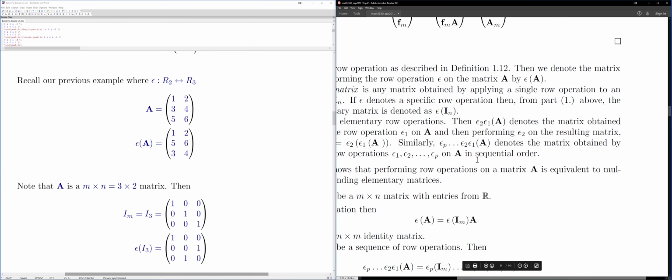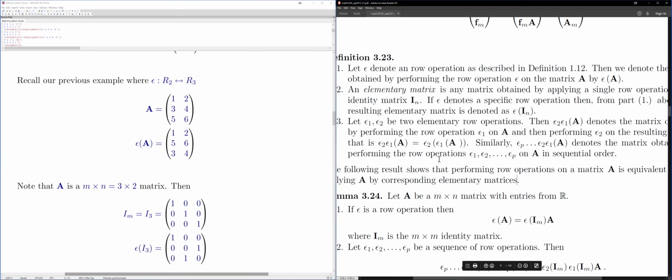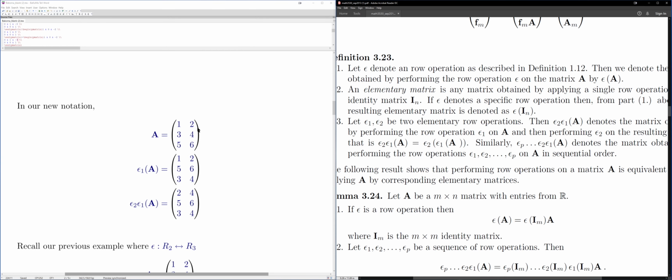This matrix over here is the matrix that you get when you apply row operations epsilon 1, epsilon 2 up to epsilon p on your original matrix A in sequential order. And what I have over here is a case when the small p is equal to 2. I have A and then I apply epsilon 1, then apply epsilon 2, in sequential order.